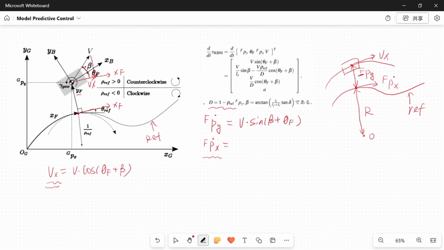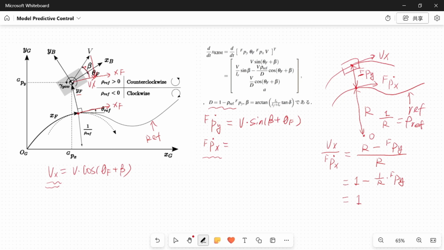So, Vx over FPX dot equals (R minus FPY) over R. It equals 1 minus (1 over R) times FPY. So 1 over R is the curvature, rho REF.